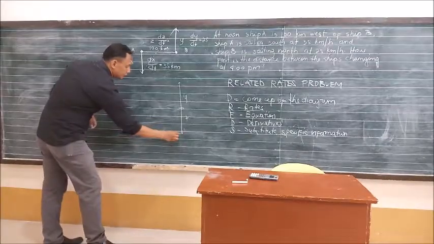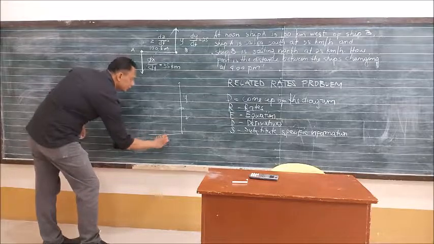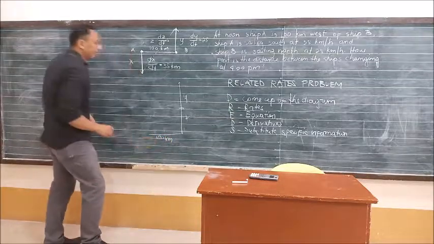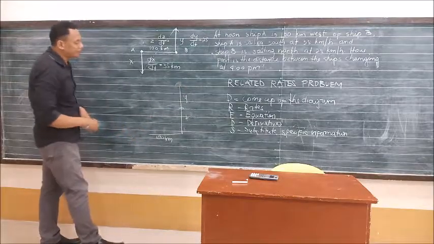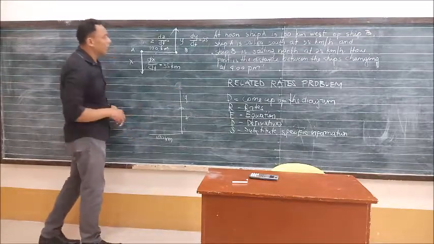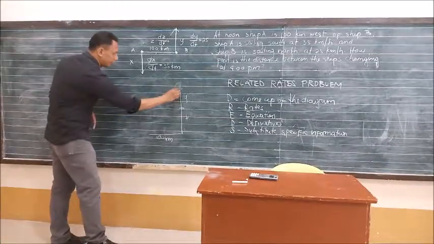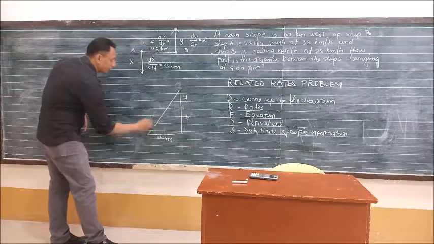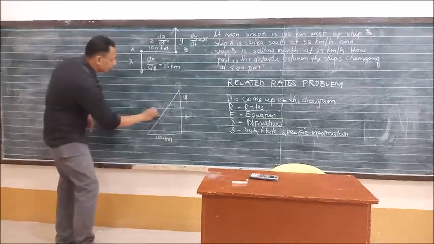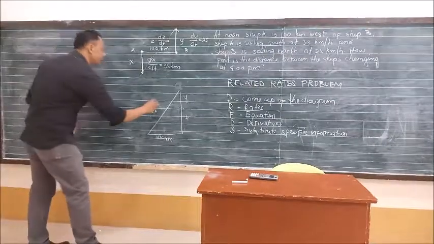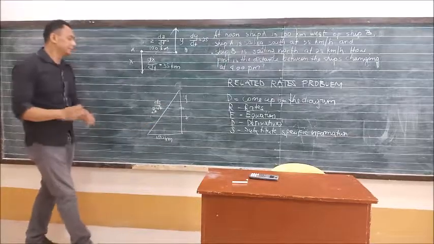So this is the 100 kilometer distance of these two ships. Then the distance we are going to find is z, from here going to here, and the change is dz over dt.